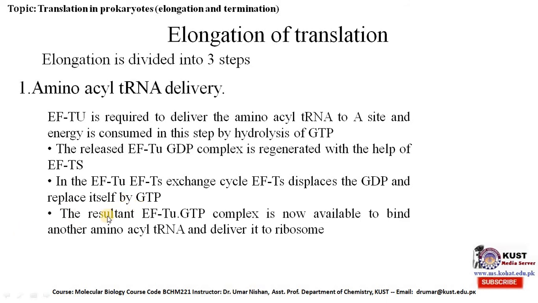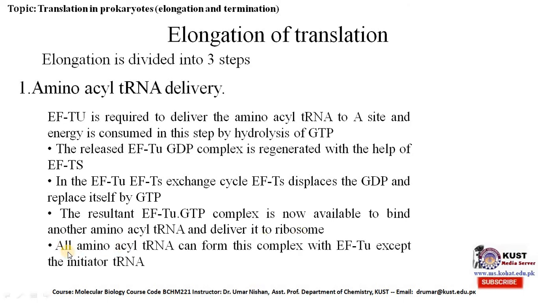The resultant elongation factor Tu GTP complex is now available to bind another aminoacyl transfer RNA and deliver it to the ribosome. All aminoacyl transfer RNAs can form this complex with EF-Tu except the initiator transfer RNA.